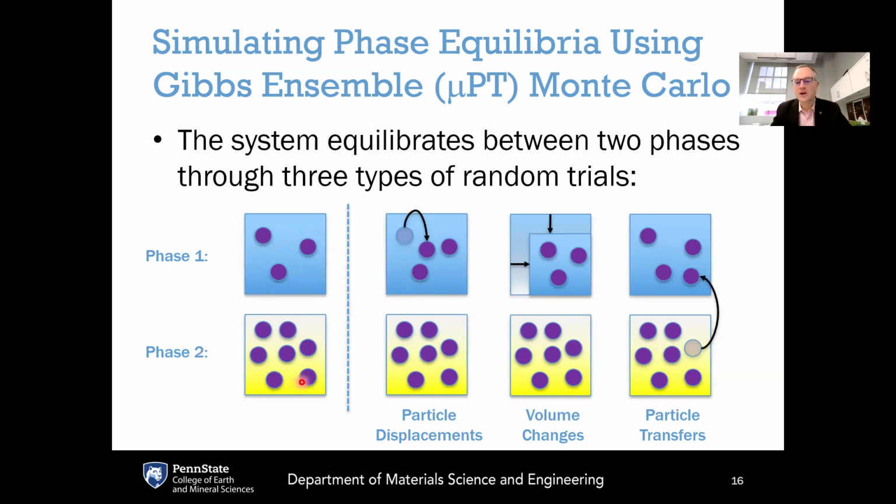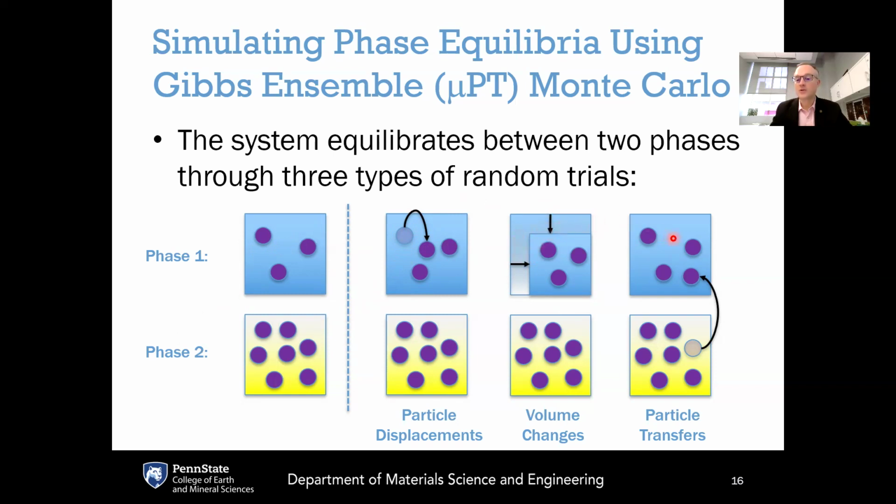And there are three different types of moves that can take place in the Monte Carlo simulation, and these are done randomly. There is the particle displacement move, where you take an atom position and you randomly move it to a new position and see if that should be accepted or rejected. Then there are the volumetric changes where you change the volume of the system, as shown here.